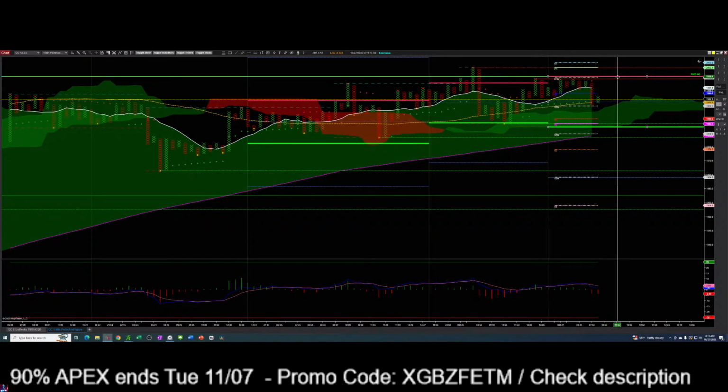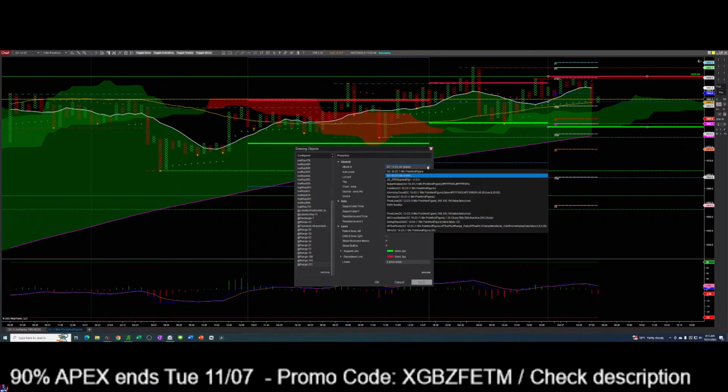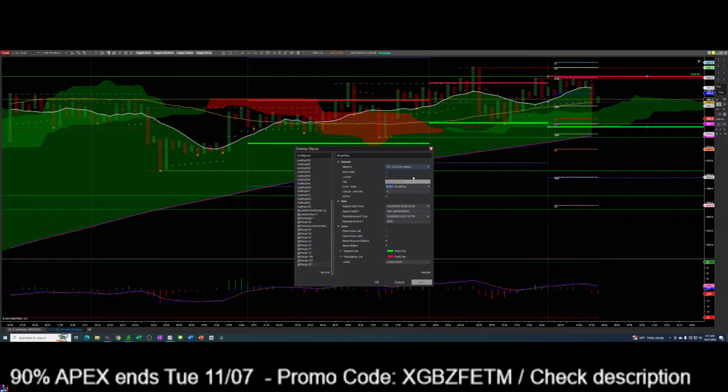You select the indicator or the drawing, and instead of the chart here, you change it to all charts. That's the only thing. So for gold, it's going to show the indicator or the drawing in all the charts. So just change it there, and then you would be okay.